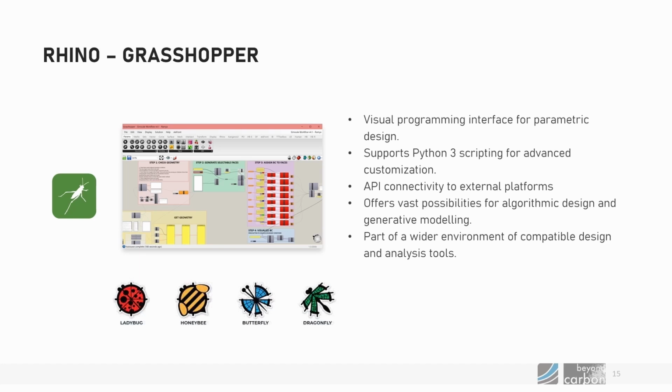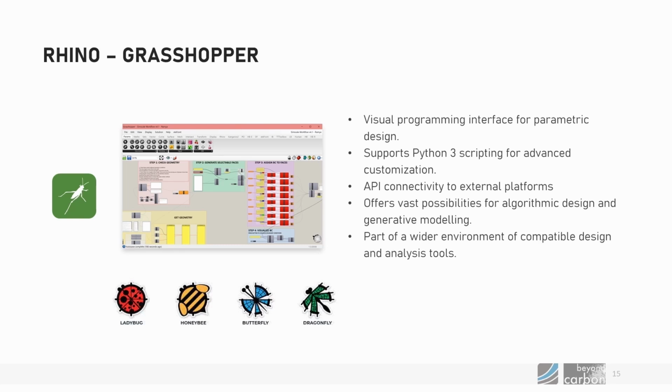There's also a wider environment of tools within Grasshopper, namely the Ladybug tools suite. You may be familiar with those, and I particularly mention Honeybee, which is an energy modeling tool within Grasshopper that allows you to carry out energy calculations. So we're excited about this because it means that we could start to think about integrating thermal bridge calculations with wider energy calculations and wider thermal performance analysis.